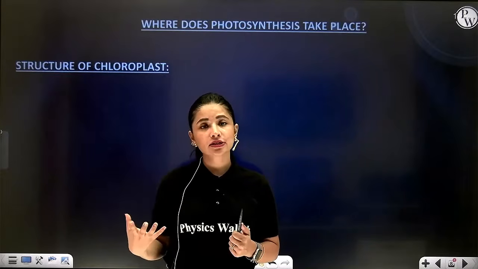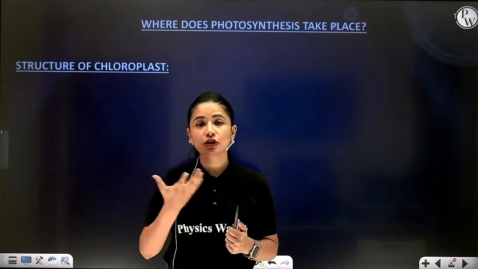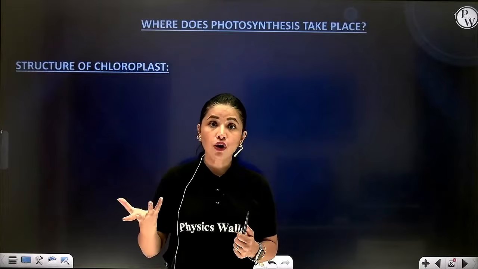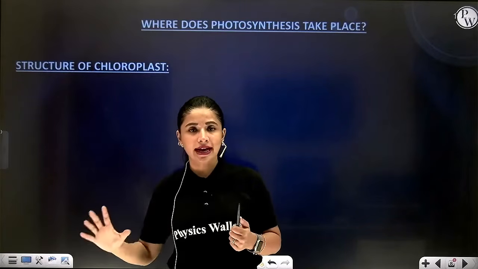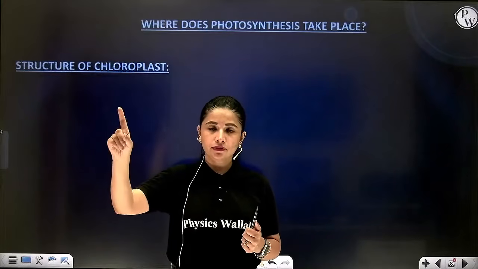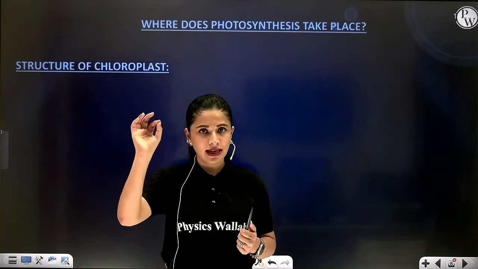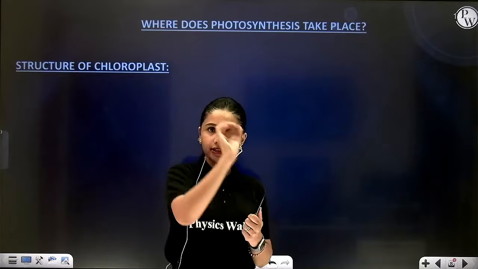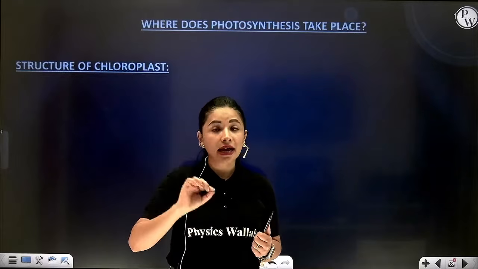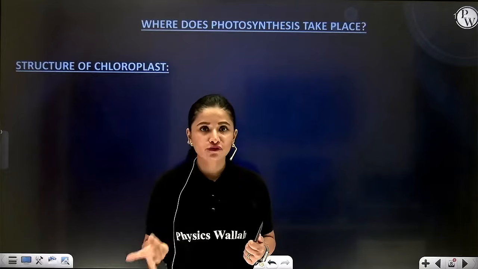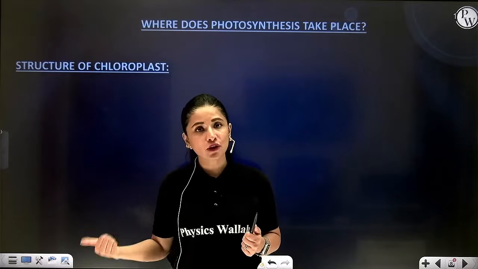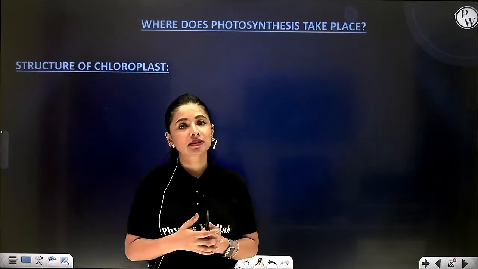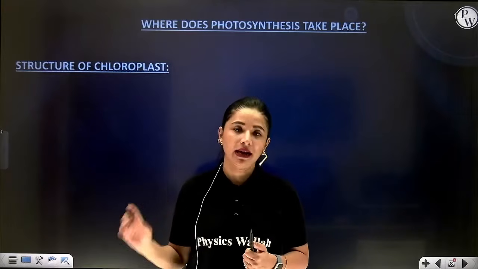So first let's try to understand the structure of chloroplast, that now also where inside chloroplast also. Now you know inside the plant it is leaf, inside the leaf it is mesophyll cell, inside the mesophyll cell it is chloroplast. Now inside the chloroplast where photosynthesis takes place, to be more precise. And for that you need to understand the structure of chloroplast.